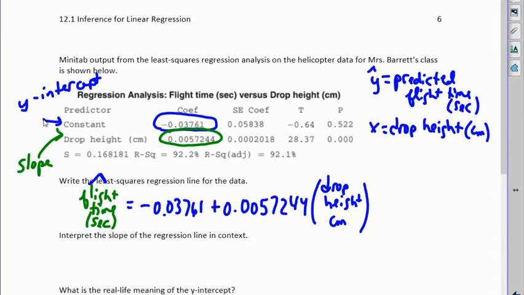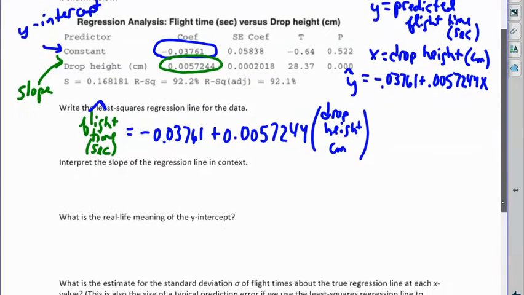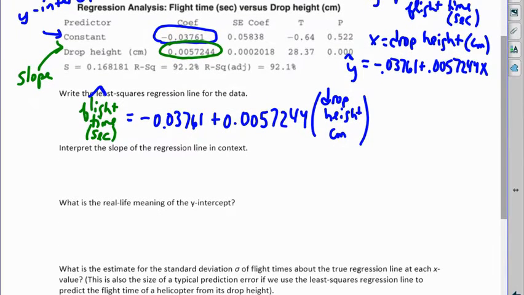And so you could write this same equation using the hat. Y hat is equal to negative 0.03761 plus 0.0057244x. And so that could be another way you could write the exact same thing. So that's our equation.